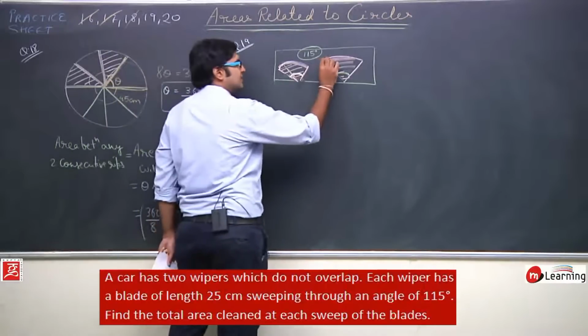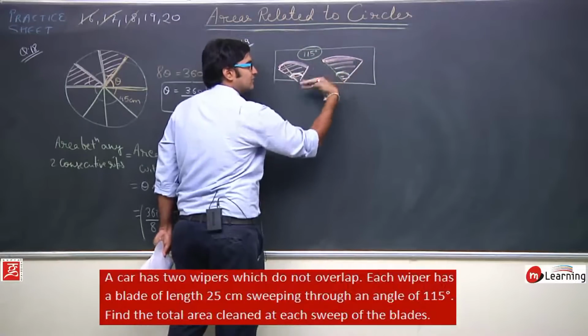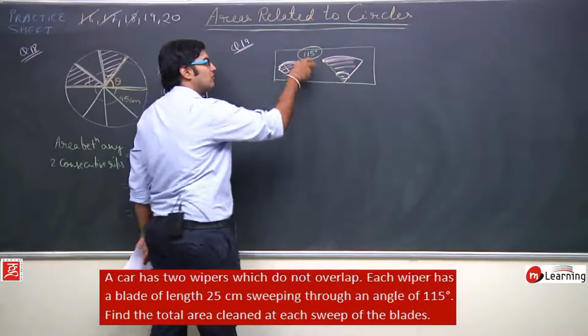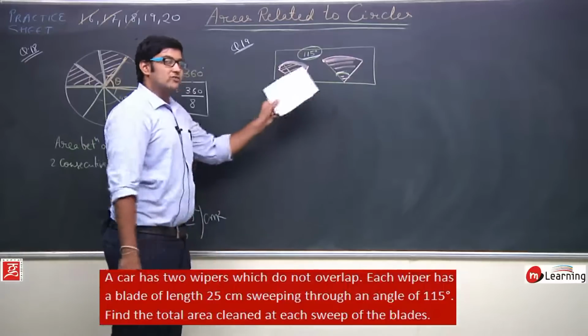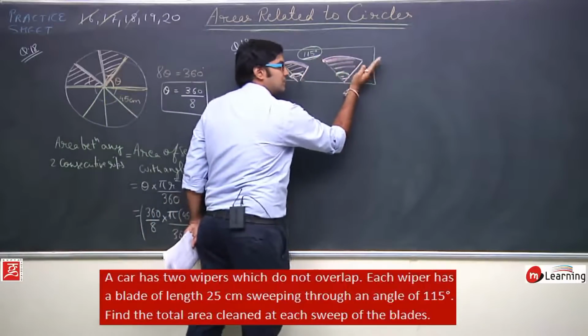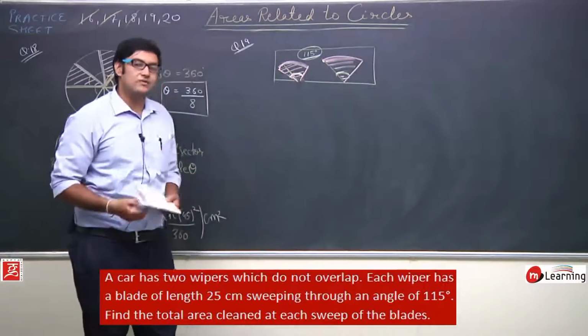What I can see is, if these two blades move like this, they will cover a sector of 115 degrees. From the motion of the blades, it is very clear that they will form a sector of a circle.